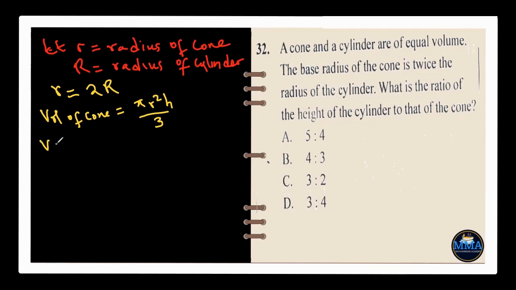And volume of cylinder is pi big R squared, and we are going to use capital H for the height of the cylinder. Now, it means these two quantities are equal, so we equate them.